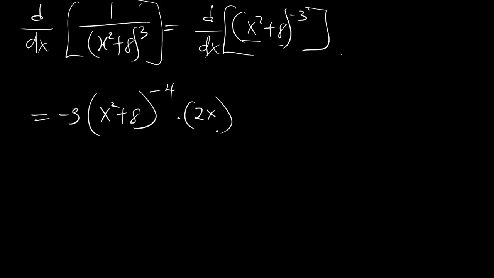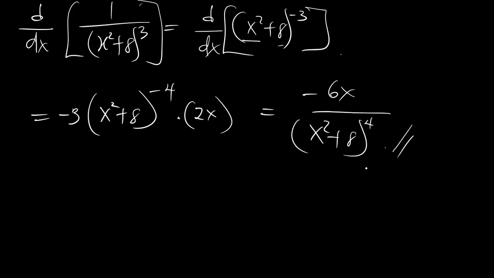The derivative of the constant is 0, so this will give us minus 6x divided by (x squared plus 8) all raised to power 4. So this is the final answer for this.